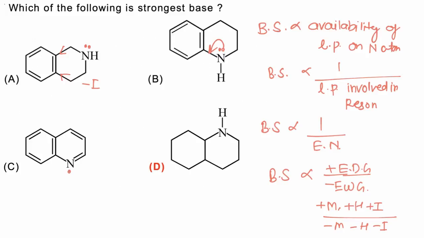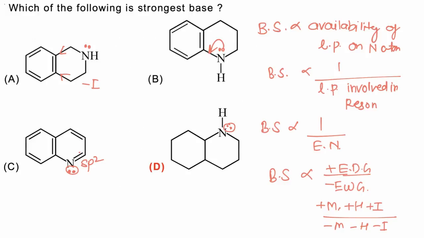Now in options C and D, in both the nitrogen lone pair is not involved in resonance. If the lone pair is present on an sp2 hybridized atom, then it is perpendicular to the other plane, so it will not be involved in resonance. But here the lone pair is present on an sp2 hybridized atom, and with increasing electronegativity of the nitrogen atom, its basic strength will be decreased.